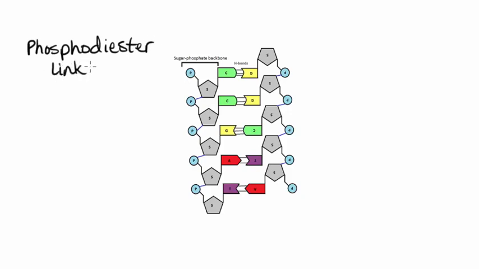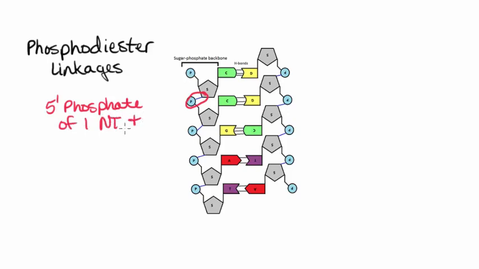And these phosphodiester linkages are going to occur, and I'll just circle it on here, between the 5' phosphate of one nucleotide and the 3' hydroxyl group of the next nucleotide. So that's what I've tried to circle right here.